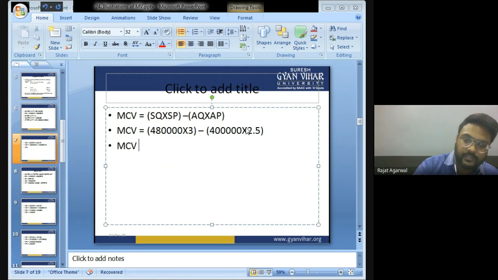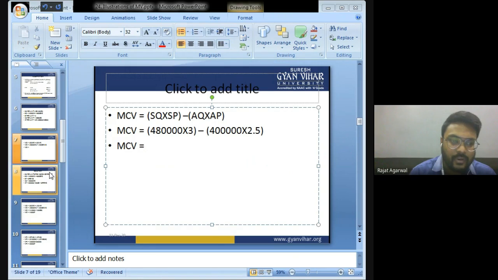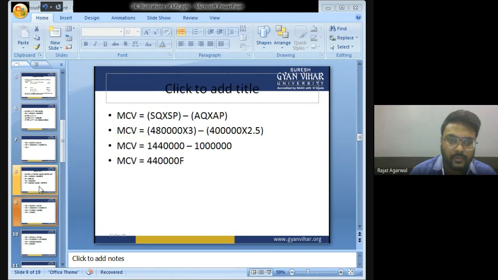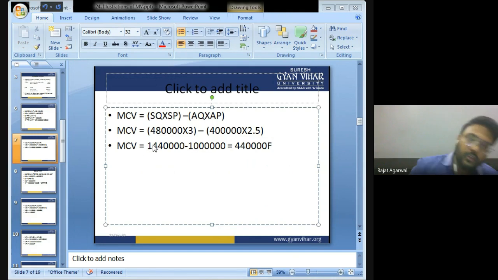So 4,80,000 into 3 is 14,40,000. 4 lakh into 2.5 is 10 lakh. The difference is 4,40,000 favorable. So material cost variance is 4,40,000 favorable.